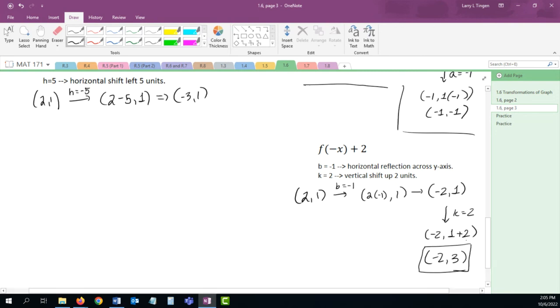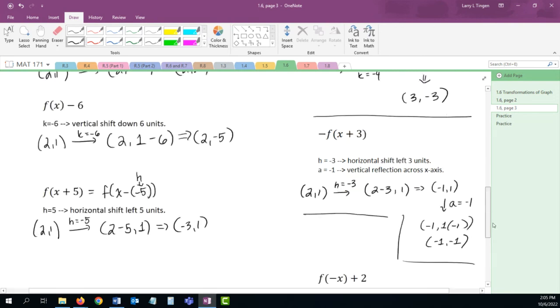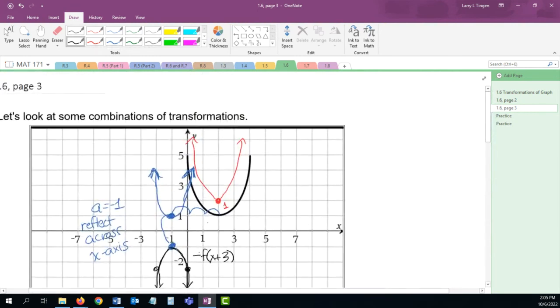Let's look at it on the graph, especially because these are the ones that have a lot of manipulation going on. Again, I'm starting here at, I keep calling this 2, 2, and it's 2, 1. No wonder none of this stuff's matching up. I'm looking at the red one.